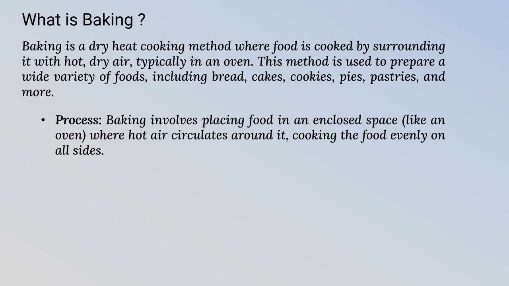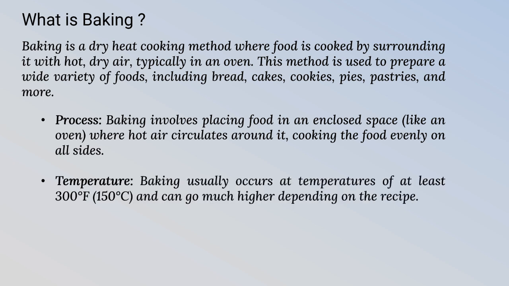What is the temperature like? Baking usually occurs at temperatures of at least 300 degrees Fahrenheit or 150 degrees Celsius and can go much higher depending on the recipe. We have told you it is beyond 300 degrees Fahrenheit or 150 degrees Celsius.